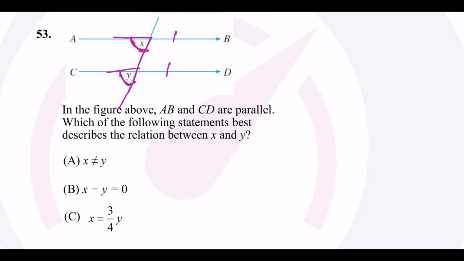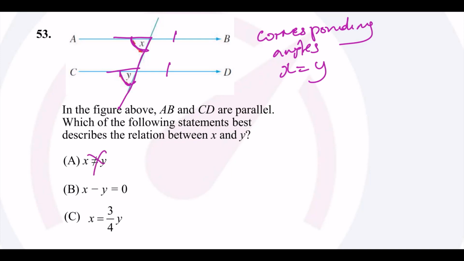F angles, the correct terminology is corresponding angles. So they are equal, and therefore x is equal to y. Now which one would match? A, where this 3/4 comes from, I don't know.